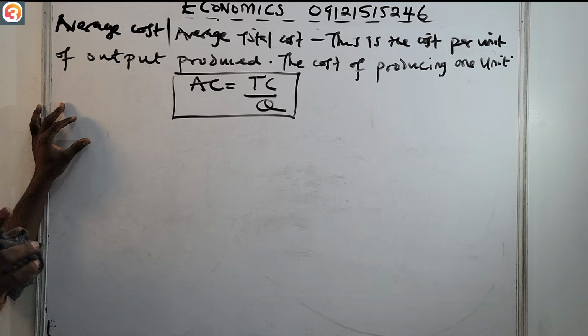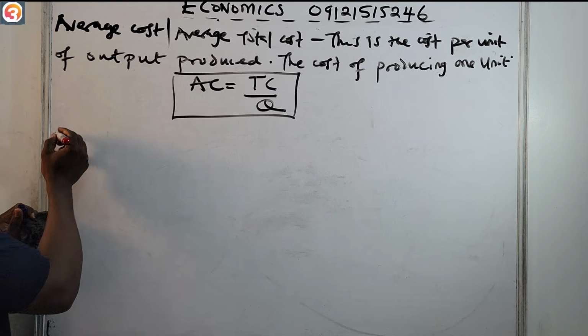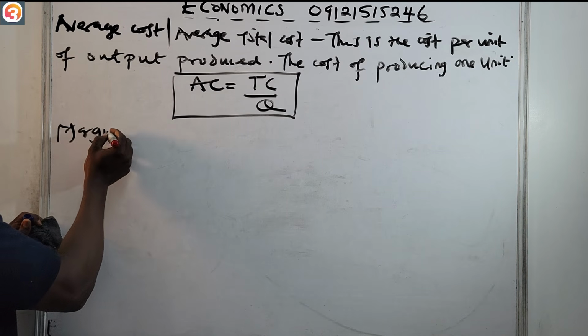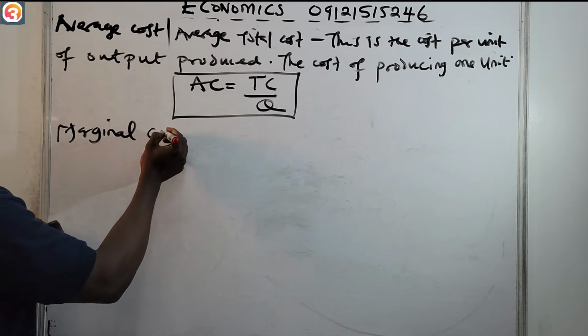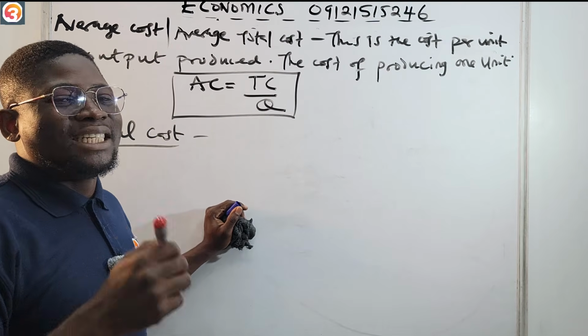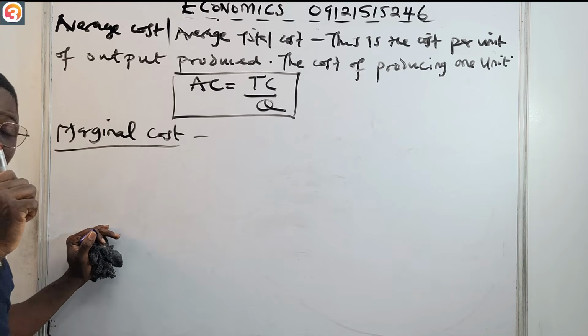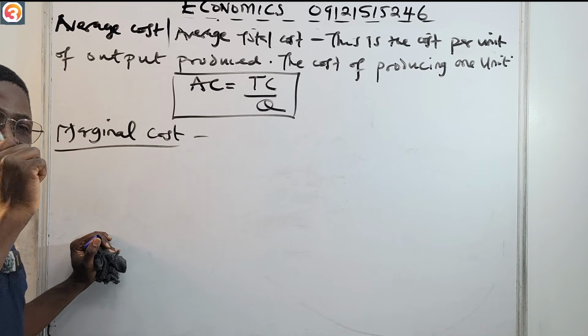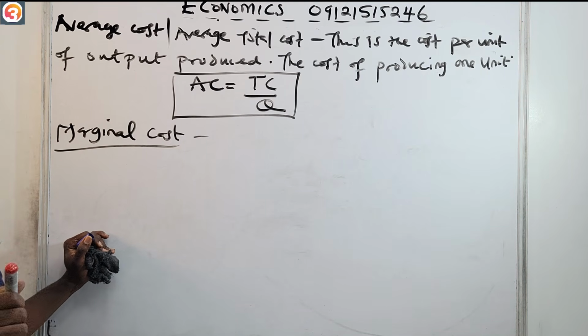Now, let us talk about marginal cost. Marginal cost is another type of cost. Marginal cost is the extra or additional cost that a firm incurs in producing an extra or additional unit.